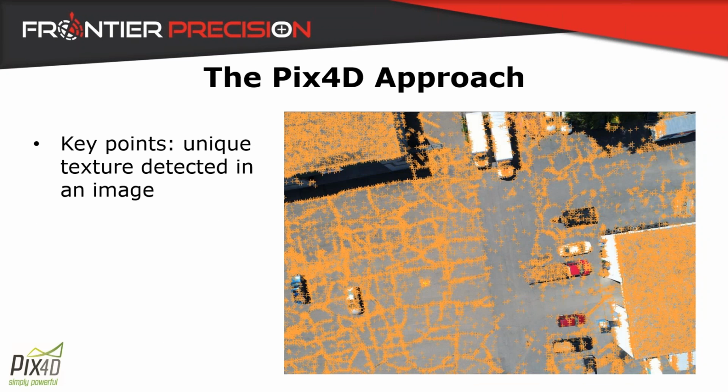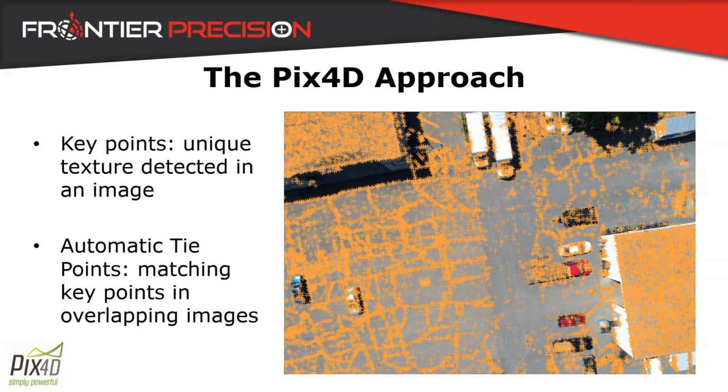So any pixels or information that it thinks is unique, it'll create a key point on. Then once all of our key points are extracted, Pix4D will go through and match them together from image to image to create what we call automatic tie points. Automatic tie points are basically the key points that Pix4D has successfully matched between overlapping images.